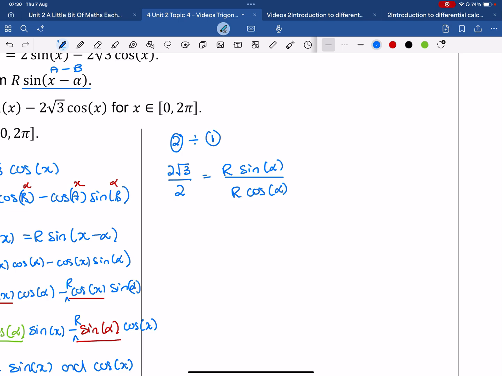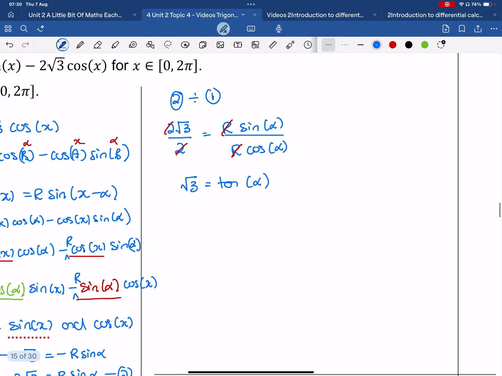And I've chosen this division so that I get a sine over a cos, which I can deal with as a tan. So my r's are going to cancel, my 2's are going to cancel, and what I end up with is root 3 is equal to tan of alpha.